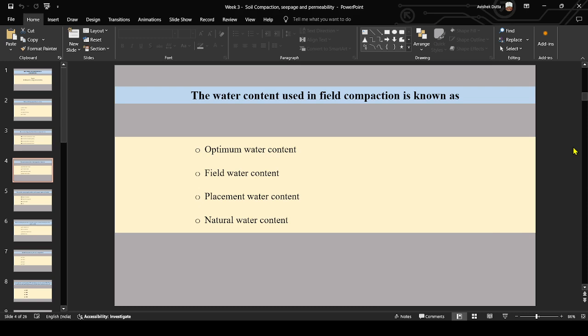I repeat the question. The water content used in field compaction is known as optimum water content, field water content, placement water content, or natural water content. Next question.